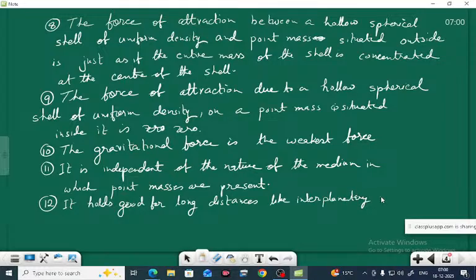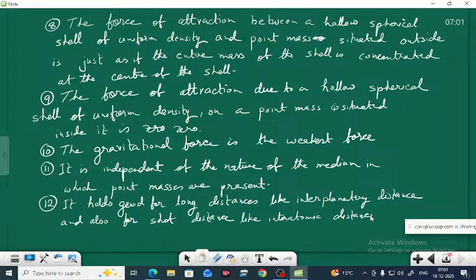So these are a few characteristics of gravitational force.